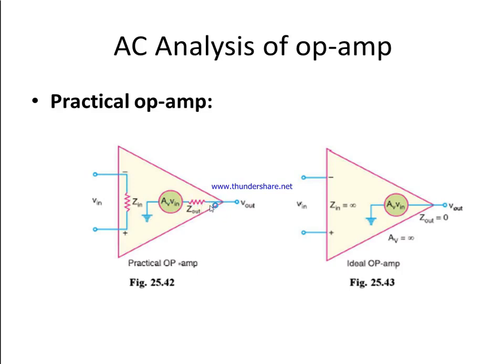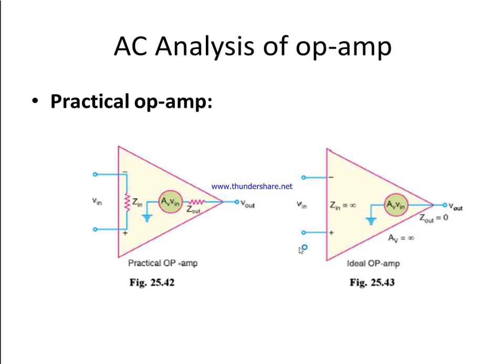But since the value of Z out is very low, the output voltage is practically independent of the load connected to the output terminal. Clear? So these are the characteristics of a practical op-amp.